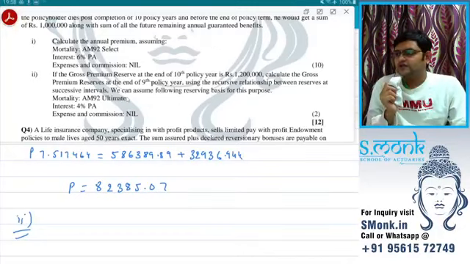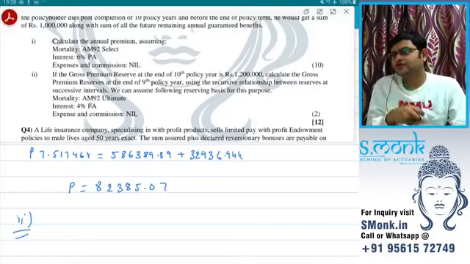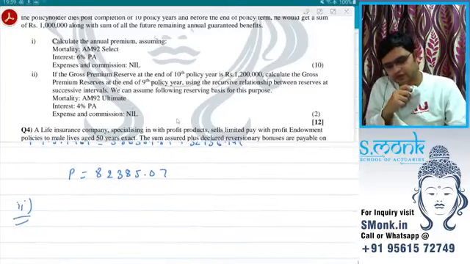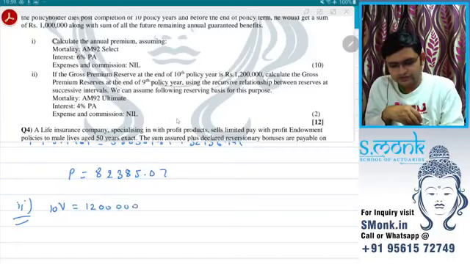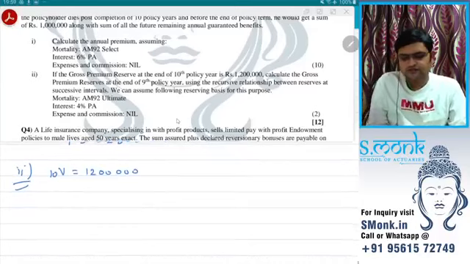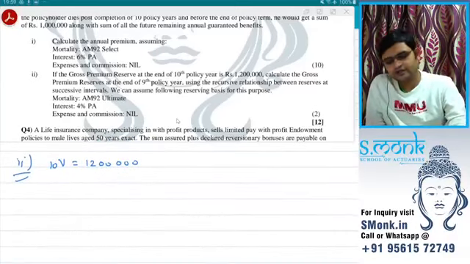Now see, they are saying our reserving basis is not changed. Instead of earning 6% rate of interest in reserves, we are only earning 4%. That is what they are saying. So whenever we are calculating reserve, we have to take into account only a rate of interest of 4%, not 6%. So they are saying our 10V is given as 1200000. This is the amount of reserve that was kept at time 10. They are asking us to calculate the reserve at time 9.